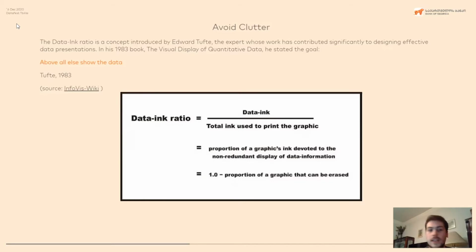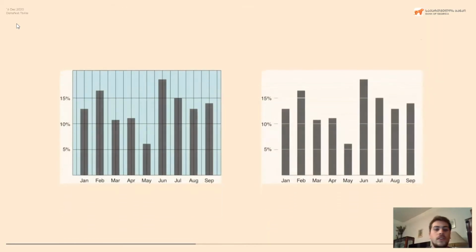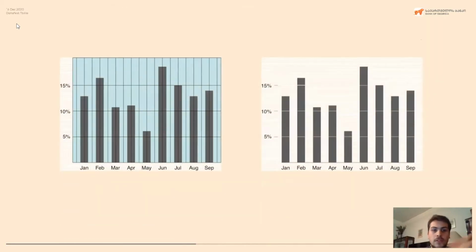Here I can show an example of that. This is the original example of removing so-called chart junk from the graphic. On the left side, we see a cluttered chart, and some elements on this chart are really extra and redundant. So I think you agree with me that the right one is better. If you search on the internet, there are many people against this theory.